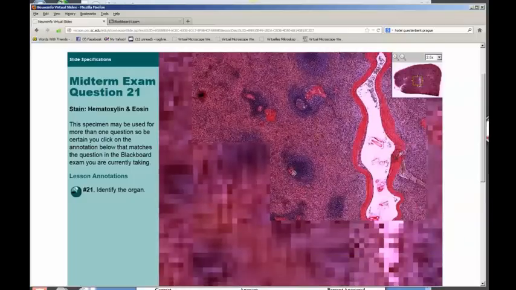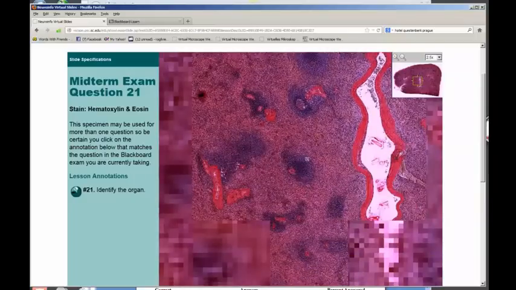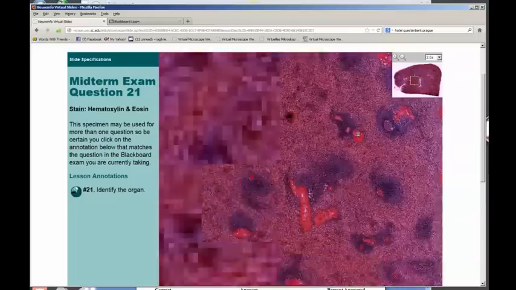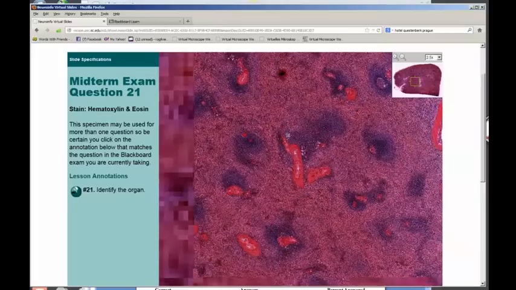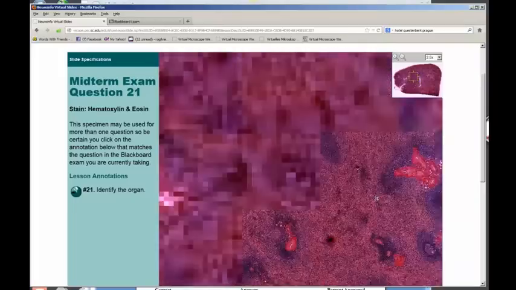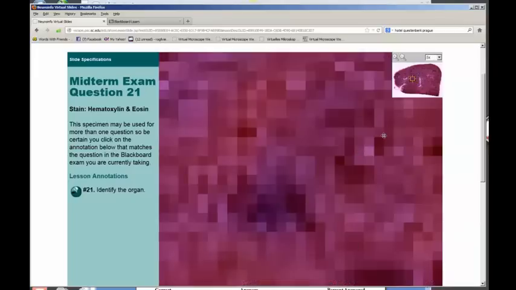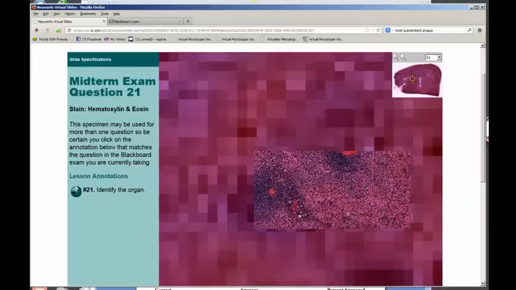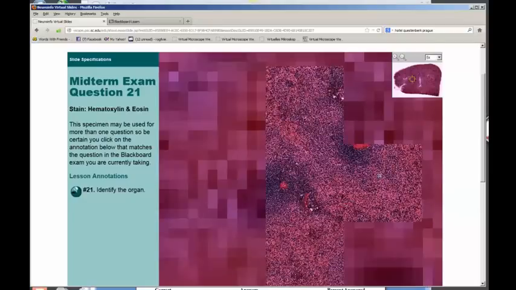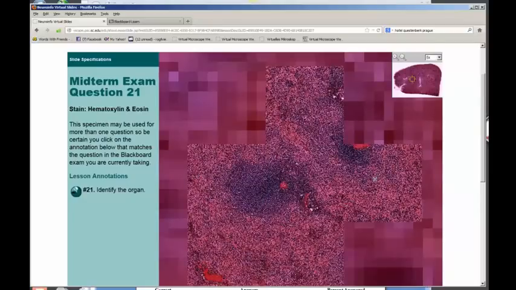Right there is a central artery. Here's one here and here. Here is one in longitudinal section. Here's another one. Look for a central artery that has really no nodule associated with it, like maybe not this one.